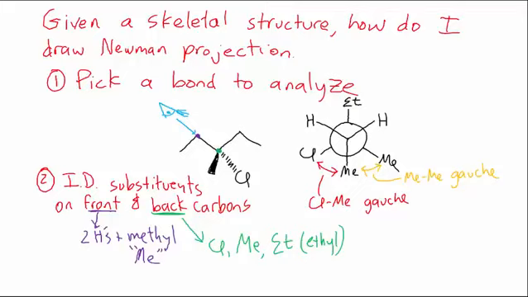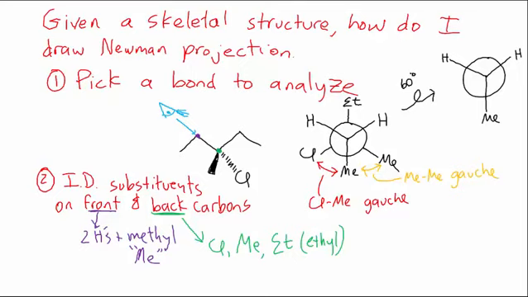So then, if I wanted to draw the next conformation, I'd have to ask myself, am I considering the eclipsed ones too, or just the staggered ones? But I would start by drawing my front carbon substituents in the exact same spot. Let's say I was just going to rotate by 60 degrees.